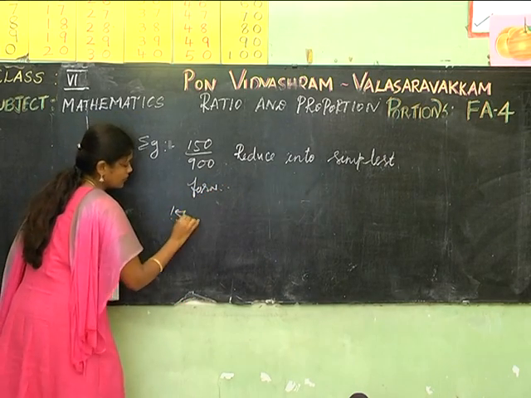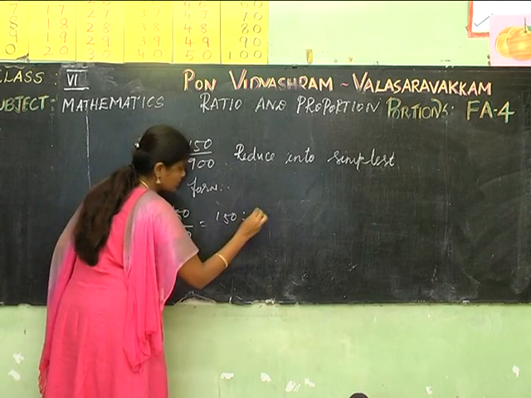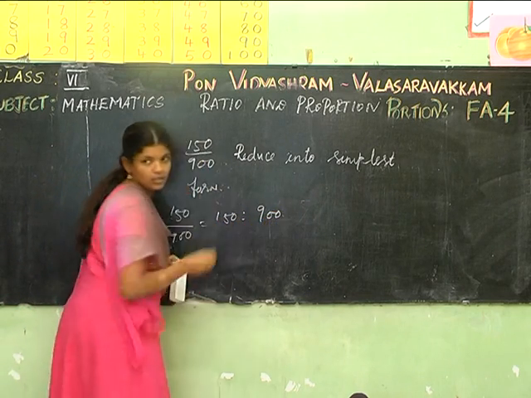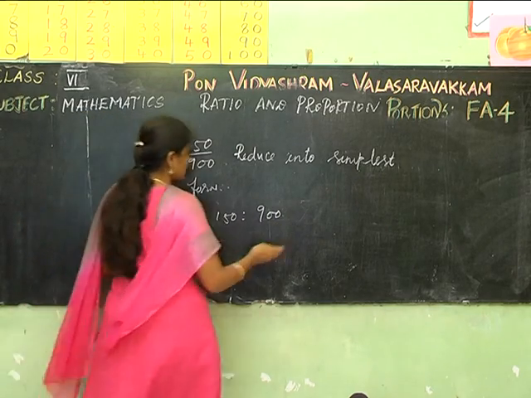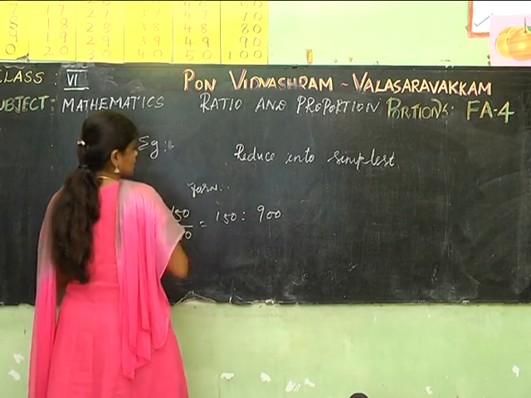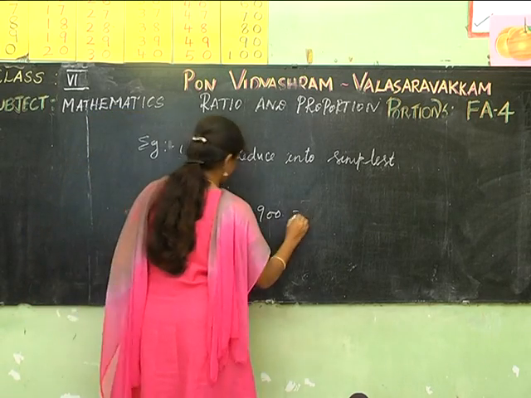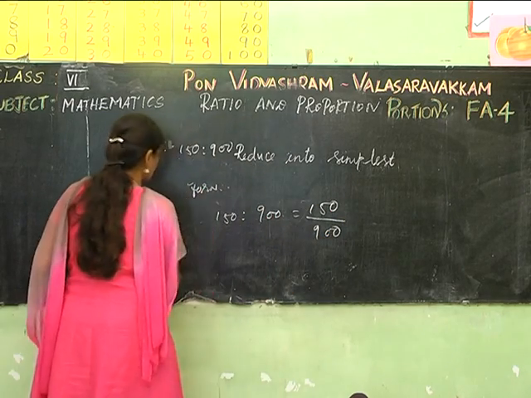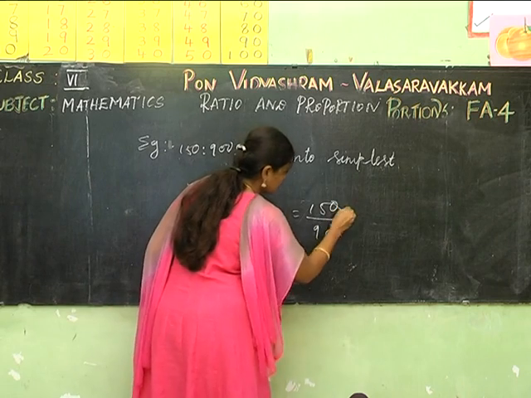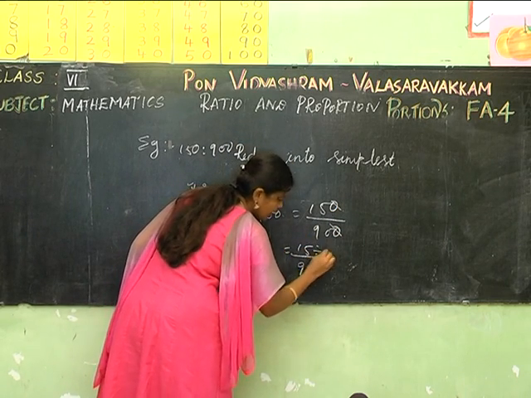See here, 150 divided by 900. We have to write it as 150 is to 900. We have to reduce this into simplest form. How can you reduce this? So 150 divided by 900, we can cut two zeros, and 15 divided by 90, we can divide by 3.